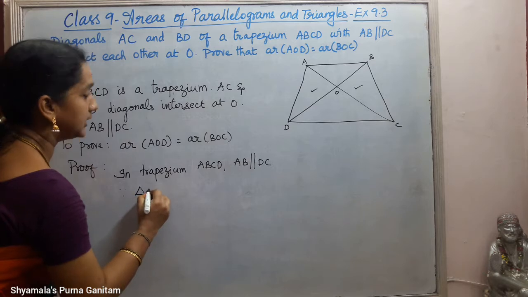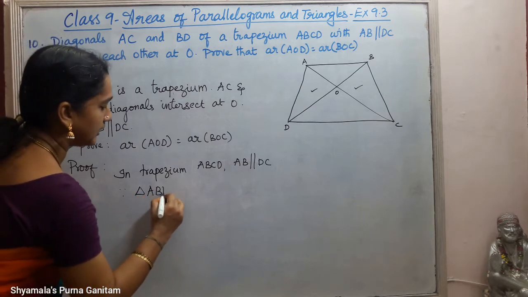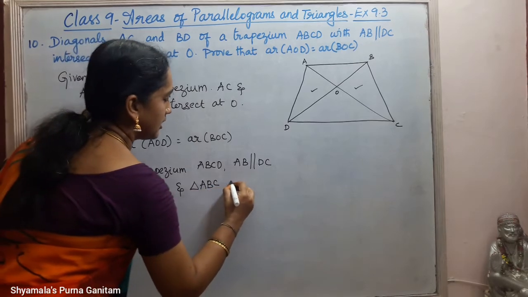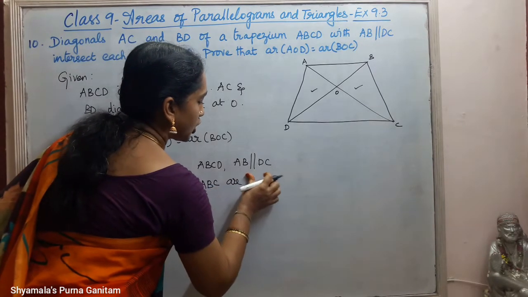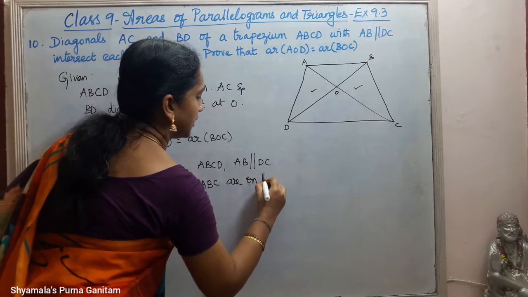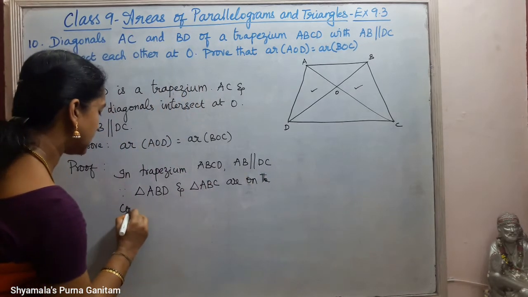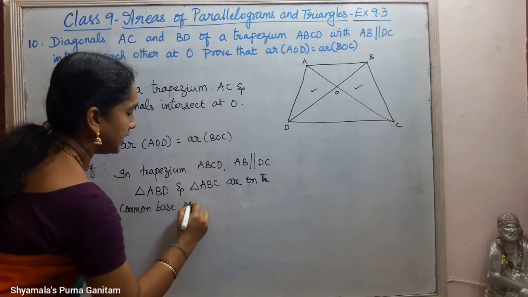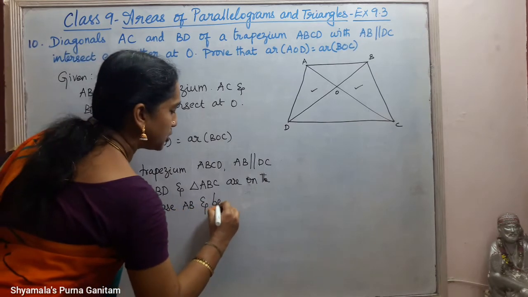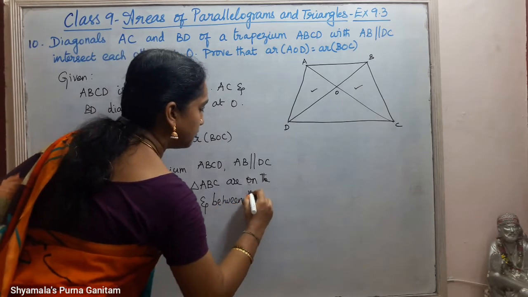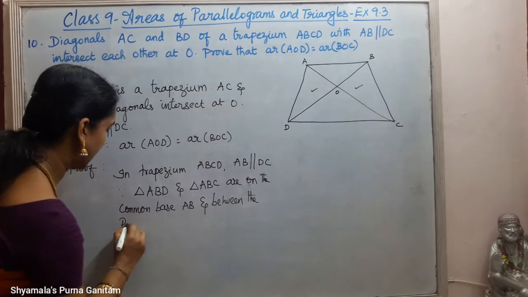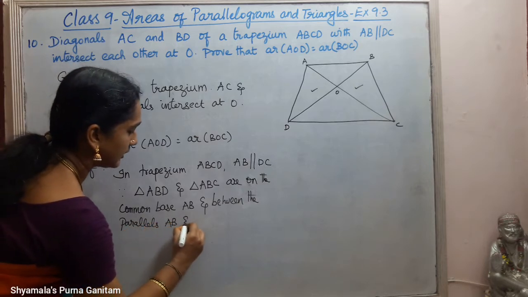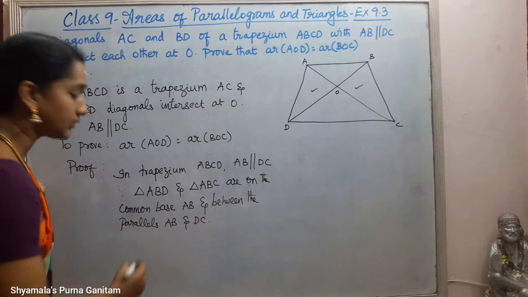Therefore, triangle ABD and triangle ABC are on the common base AB and between the parallels AB and DC.